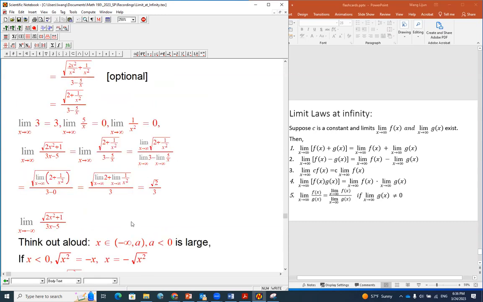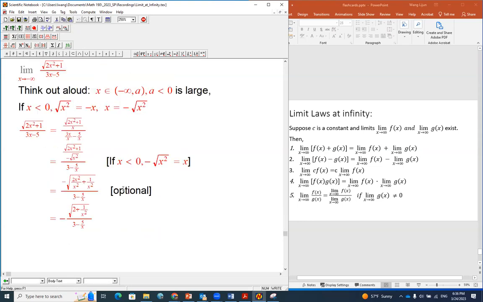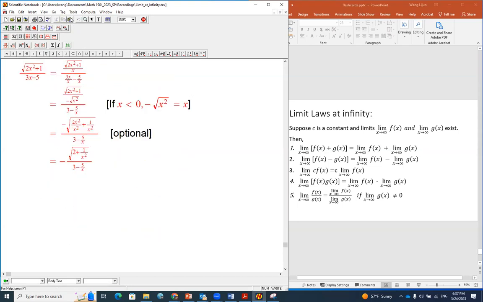And the rest of it is similar. And we will have that limit, of course, approaching negative infinity. And over here, you have x approaching negative infinity here, negative infinity, negative infinity.